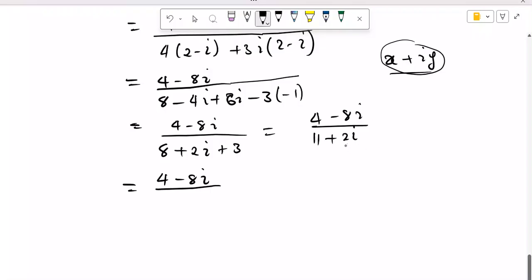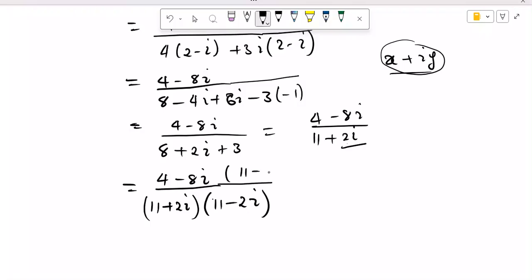The complex part is the one which has i. So this part, the sign is positive, so we'll change it to negative. So you write first 11 plus 2i multiplied by, you see the number here still remains the same, we just change the complex part, 11 minus 2i. So you multiply the numerator and the denominator.